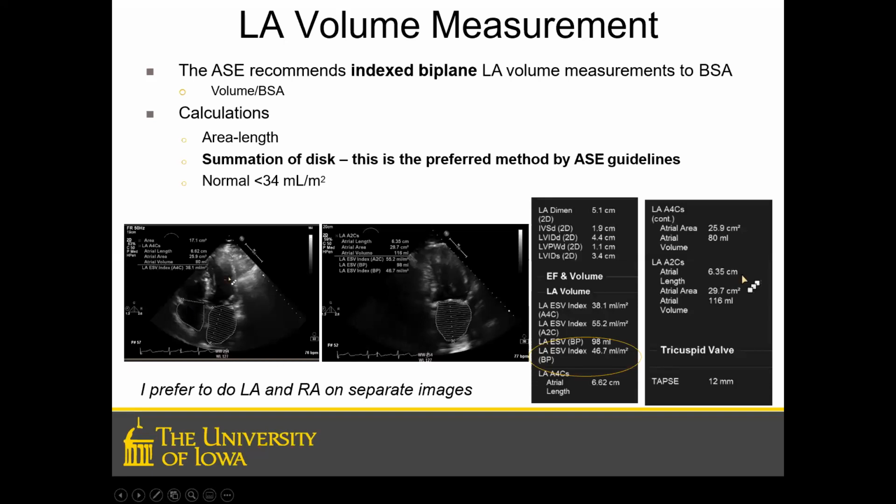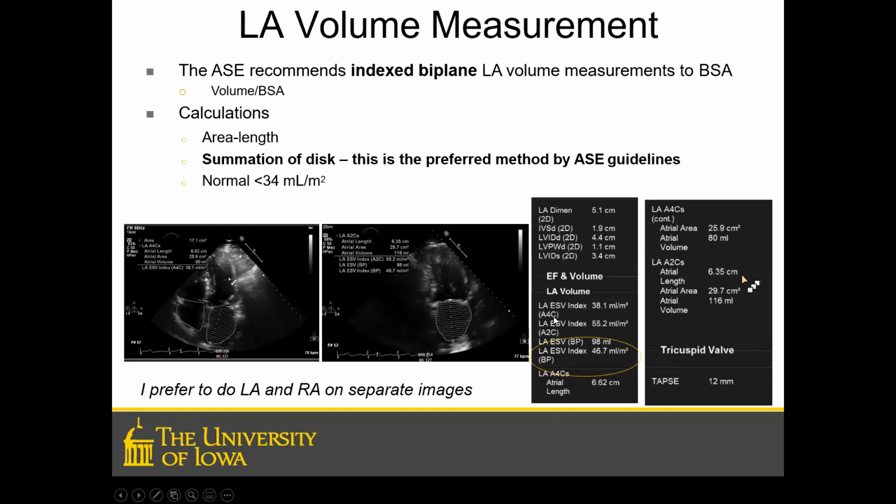On this image, the RA and the LA have been measured on the same 4-chamber. I actually don't really prefer that because usually you have not been able to optimize the size of both of them in one view like that. On your end of your report, it's going to give you that indexed value.